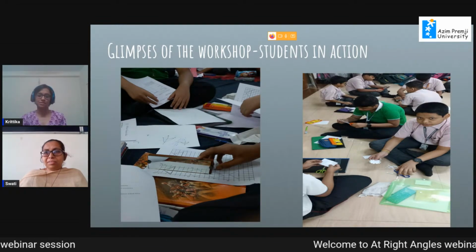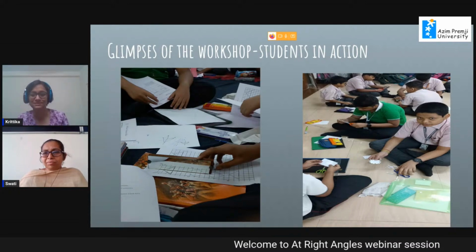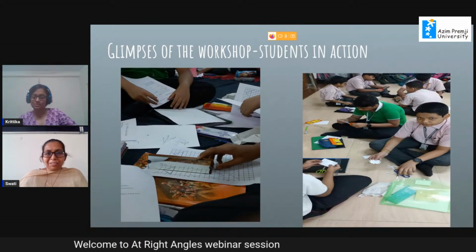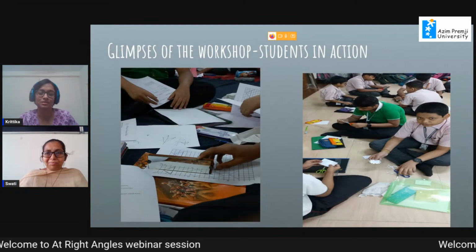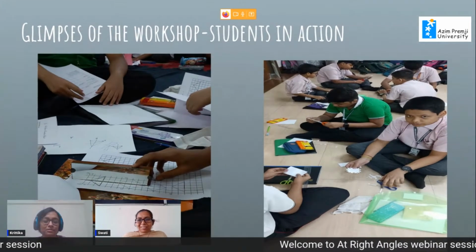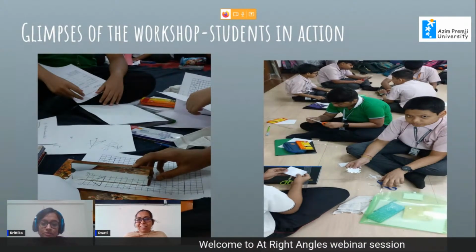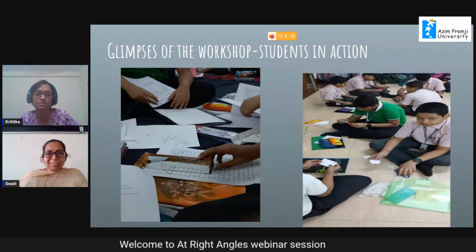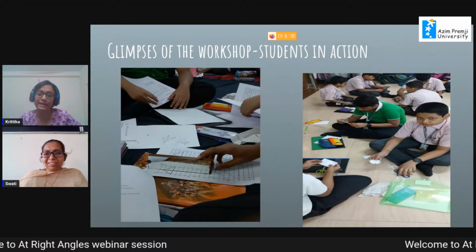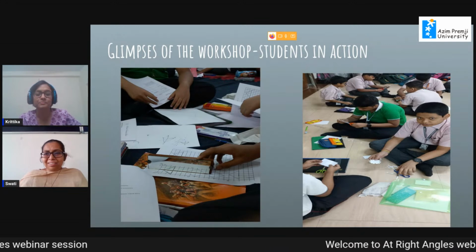You can see glimpses of the workshop, the students in action. These are activities they were doing on the first day of the workshop. They were exploring different lines of symmetry and symmetric designs, which we usually do with students from grade 5 itself.